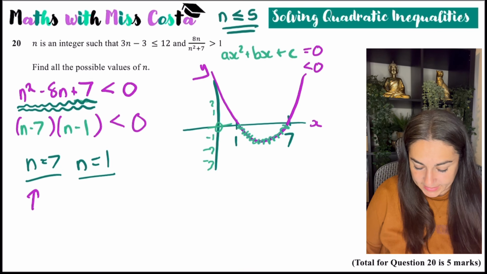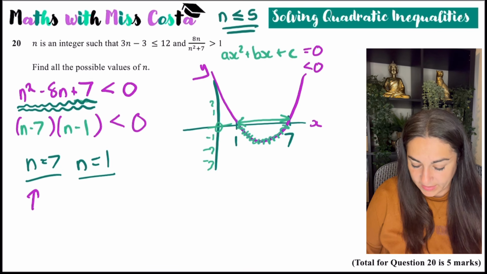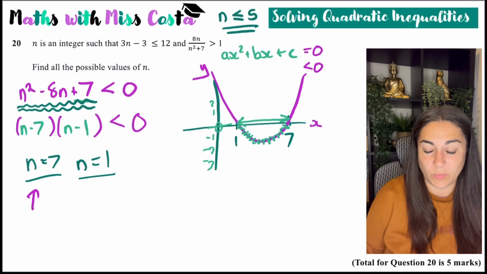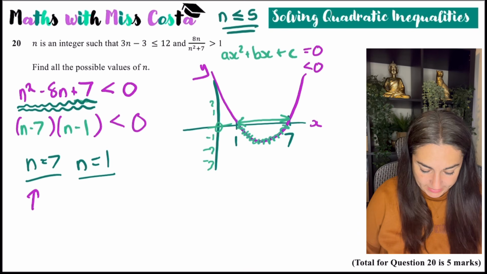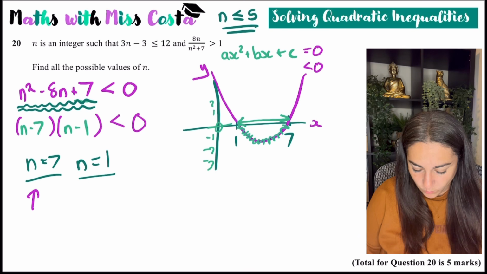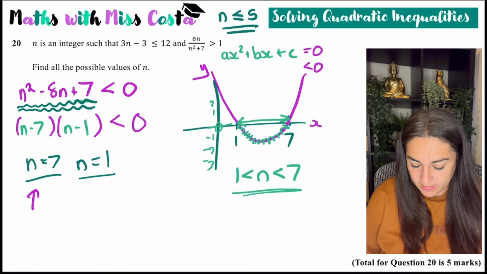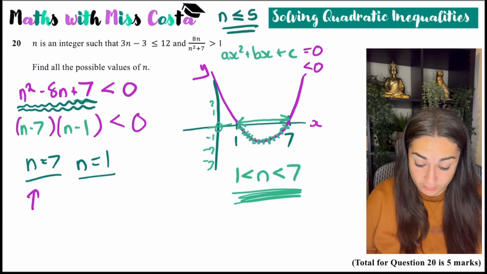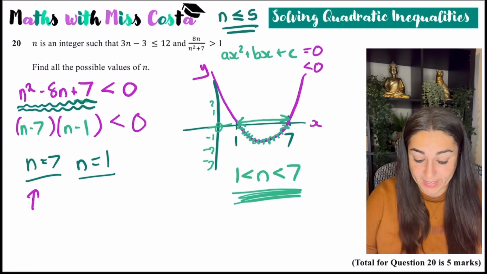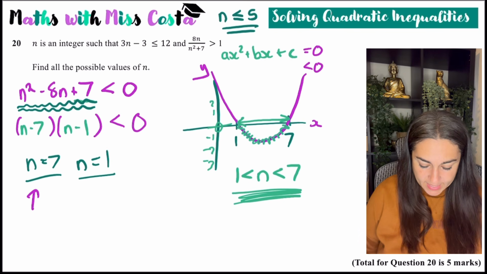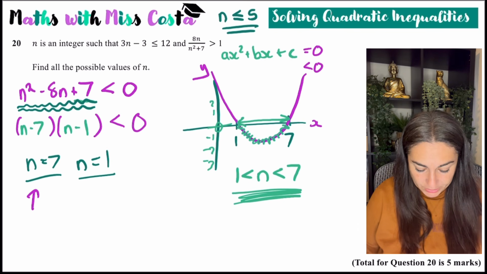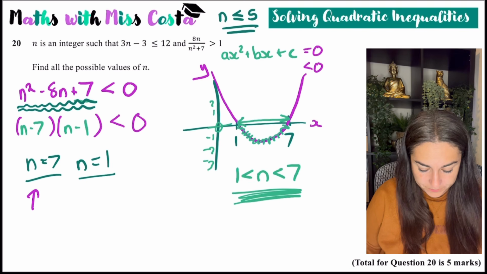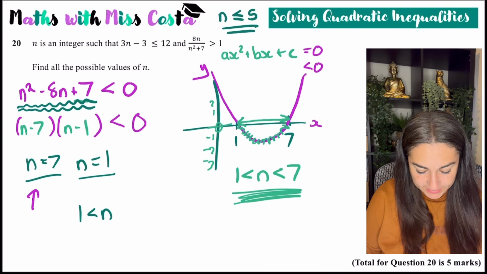So that means that it's in between 1 and 7 that we want the value of x, or n, sorry, to be. So we know that 1 is less than n, which is less than 7. I am rushing through this a little bit. If you've never done quadratic inequalities, then recap on that and this will make a lot more sense. So using my graph, I know that 1 is less than n, which is less than 7.